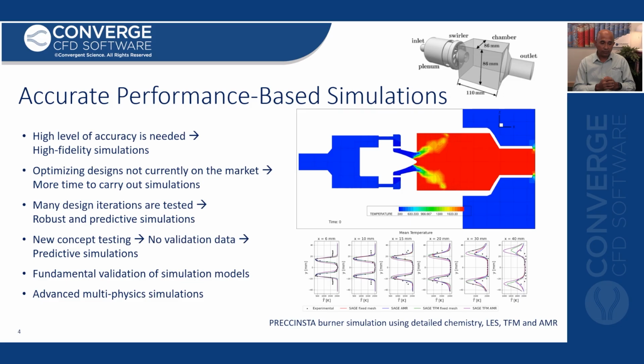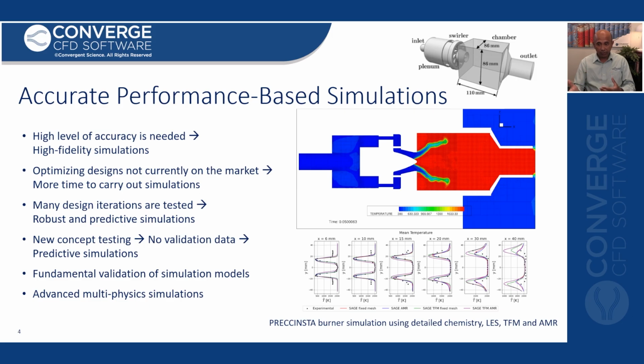And oftentimes, these are advanced multi-physics simulations. On the screen, you're seeing a famous burner case called the Pressurized Spray Burner. It has been run with spray, and it has also been run with premix, like the Cambridge swirl burner. What I'm showing here is how Converge can be used to predict burner combustion like this, and it doesn't just predict the flame shapes and the precessing jets.